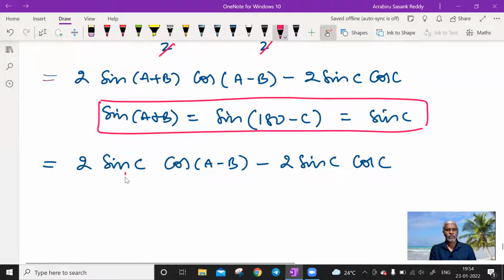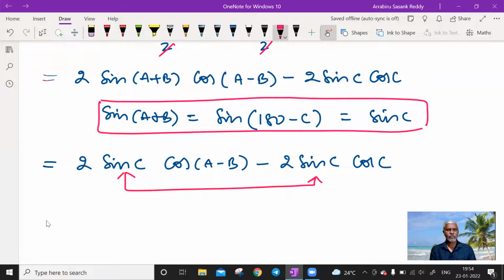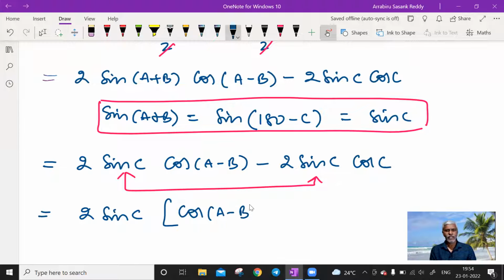Taking 2 sin C common, we get cos(A minus B) minus cos C. In the previous problem it was plus cos C; now it is minus cos C. Only this minus is the difference.